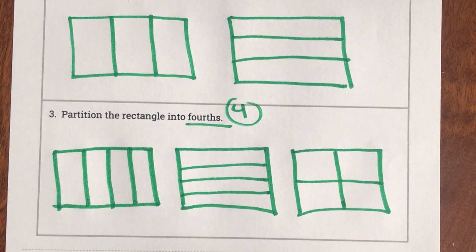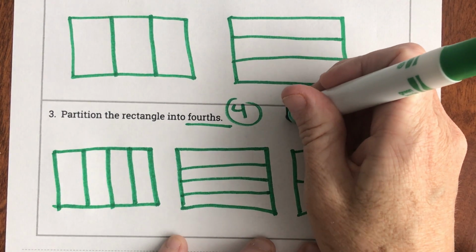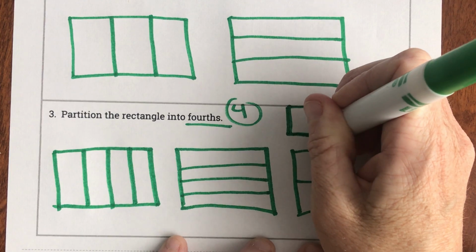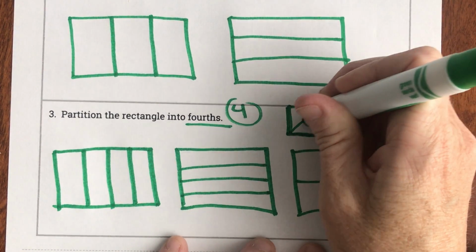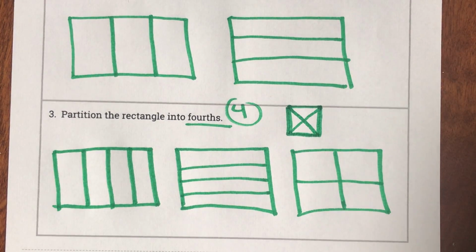Now sometimes people even want to do diagonals. I'm going to show you something about diagonals. If I had drawn a square as my rectangle, because squares are rectangles, I could have done diagonals and my parts would have been very equal. So that would have worked.